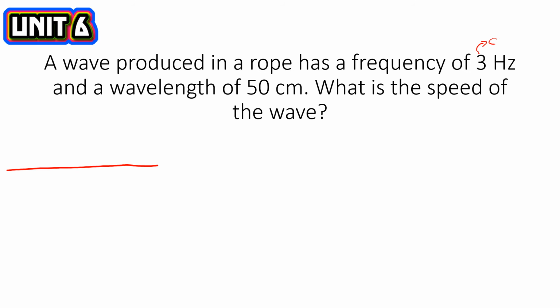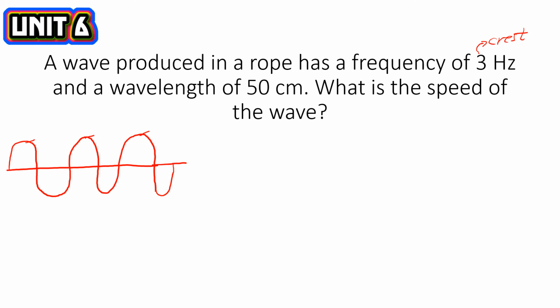That means we have 3 crests here, right? So that will be crest 1, 2, and 3. I'm sorry if my drawing is not that good. My point here is crest 1, crest 2, and crest 3. So this is 3 hertz.